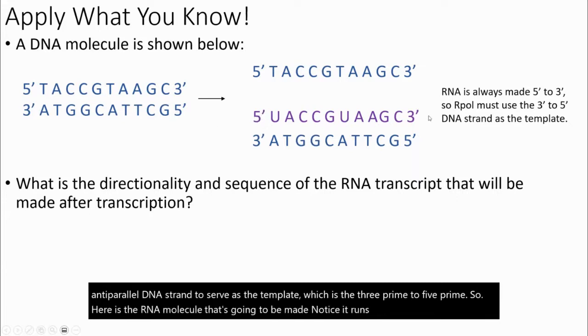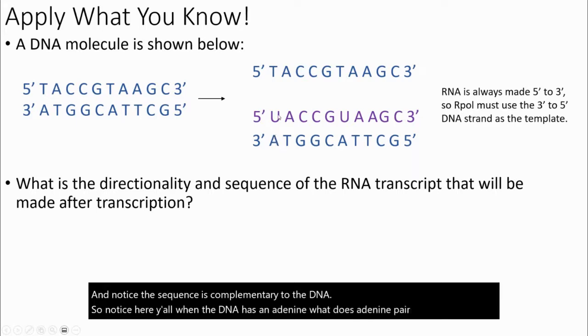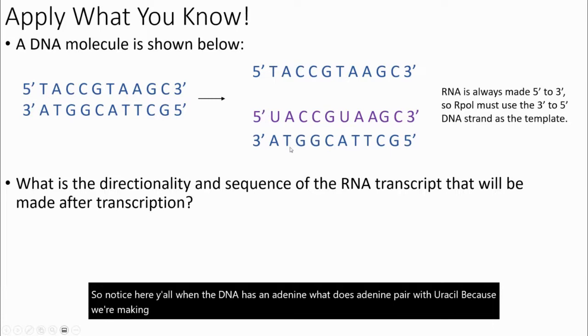Notice it runs 5' to 3', and notice the sequence is complementary to the DNA. So notice here, y'all, when the DNA has an adenine, what does adenine pair with? Uracil, because we're making RNA. When there's a thymine on the DNA, thymine always pairs with adenine, which RNA has, so that's good.